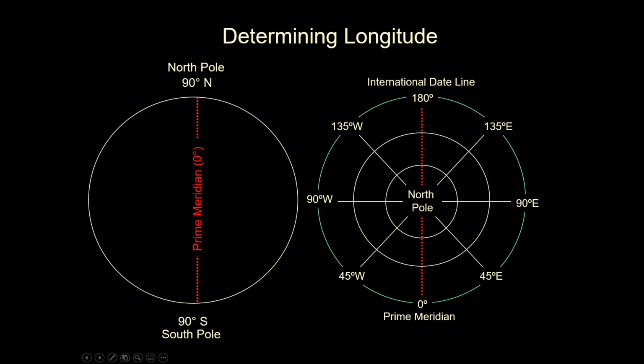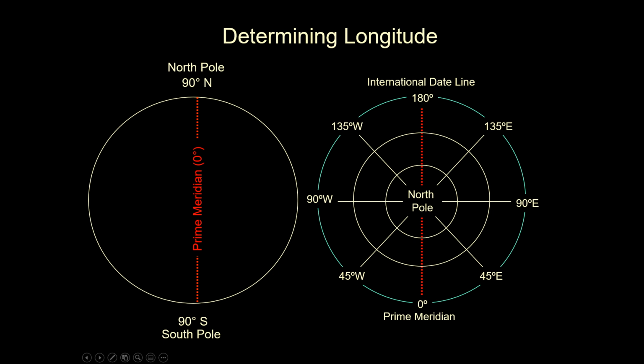So this 45E right here, that's a 45-degree angle. If you measure the angle of that line relative to the prime meridian, that would be the longitude drawn on the outside of this circle. 90 degrees would be a 90-degree angle, and so on.